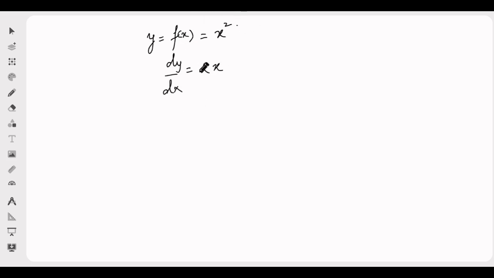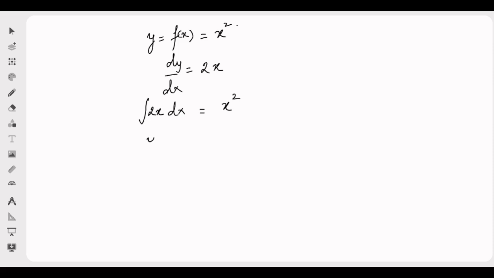Now, integration of 2x means the process of finding this function x square. So the integral of 2x is x square.